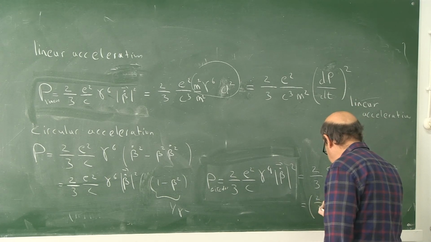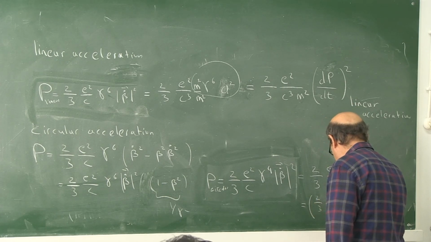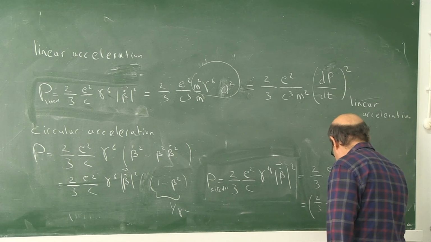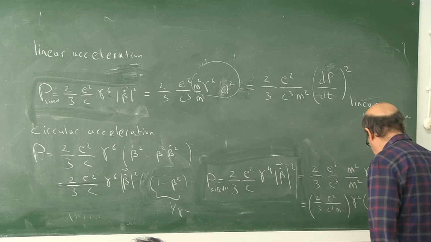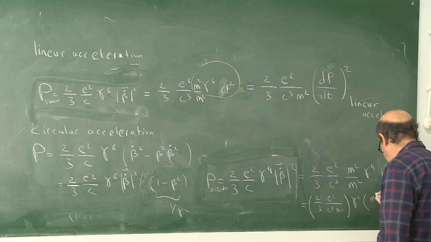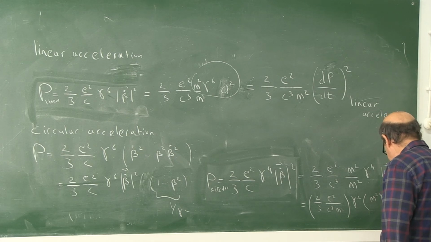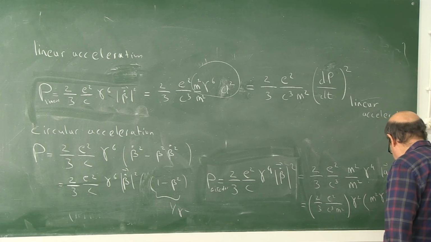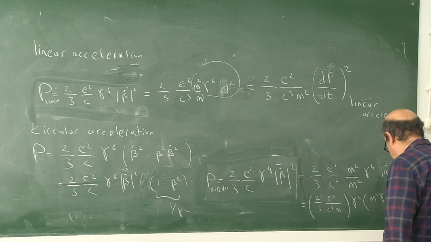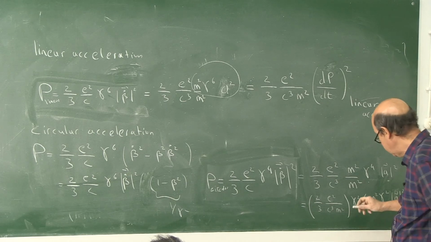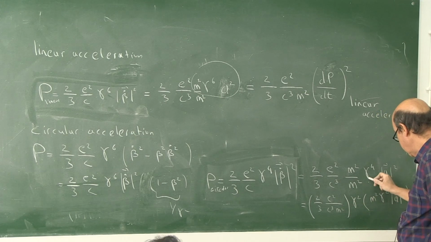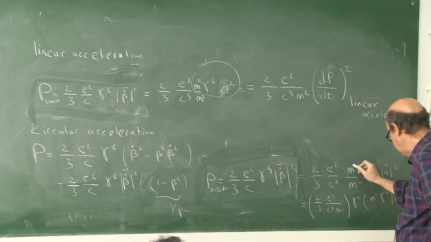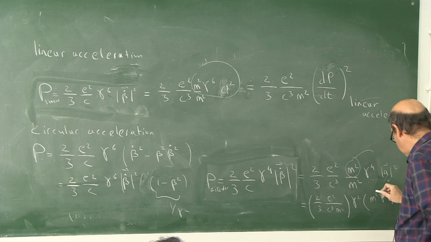And this is equal to what? 2 over 3 e square over c cube m square. So leave one of the gamma squares and keep the other one. You will obtain m square gamma square a square. So again, 2 over 3 e square over c cube, 1 over m square here. Keep the gamma square there and take this piece. What is this piece?